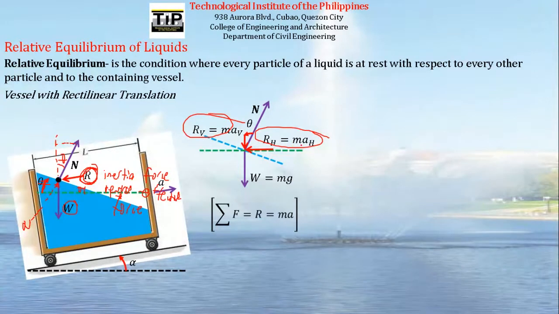So horizontal component is equal to mass times the horizontal component of the acceleration. Okay, because this inertia force equals ma, right? So R sub h is equal to m times a sub h. And then for the vertical component, R sub v is equal to mass times the vertical component of the acceleration.